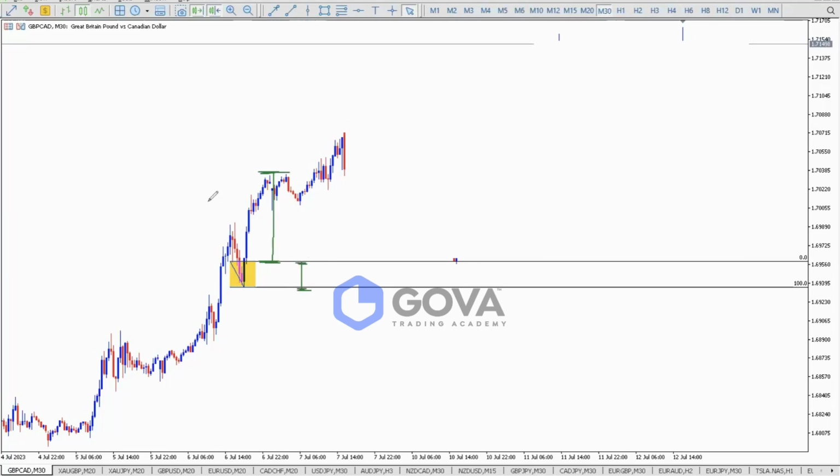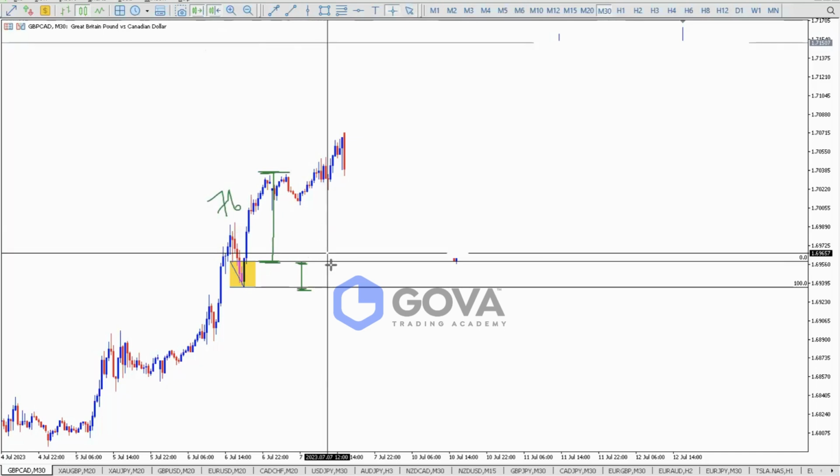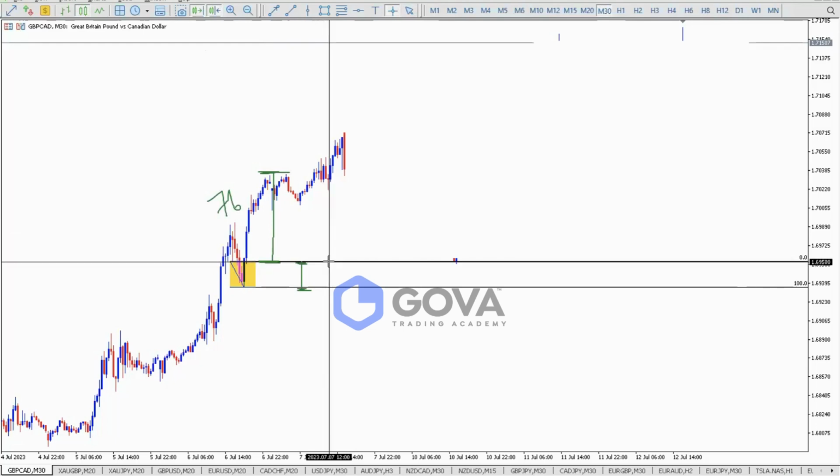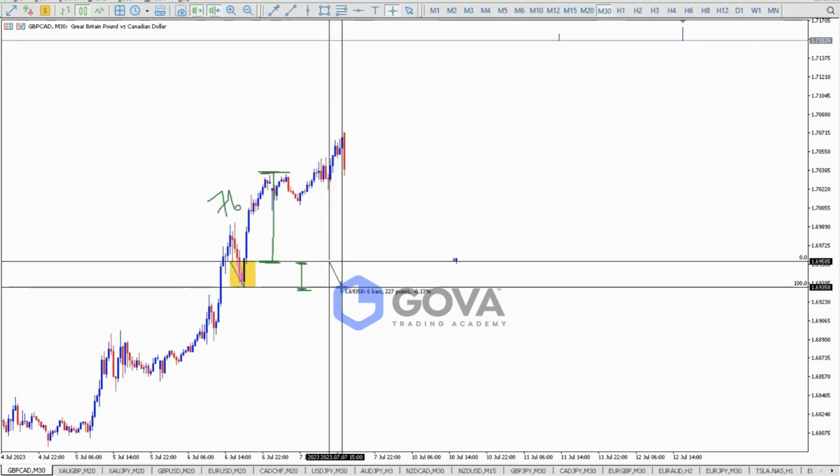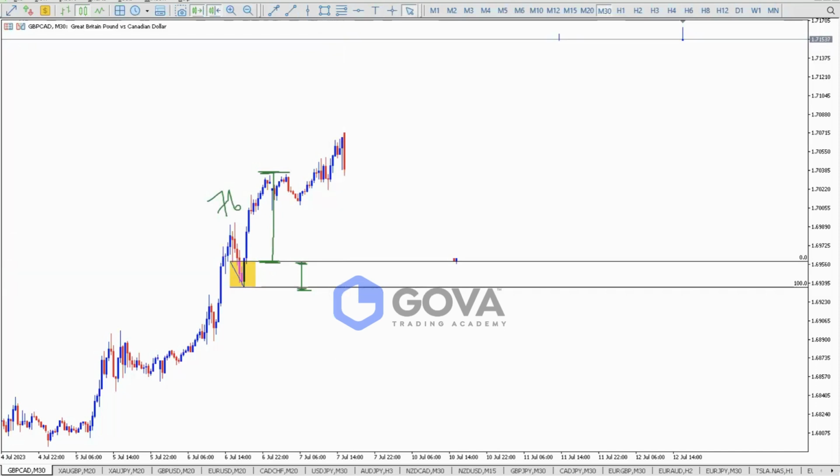The first area here is 76 pips. Let's see the other area. Starting from the proximal line all the way up to the distal line, you can see this is 227 points. In pips, this is going to be 22 pips.